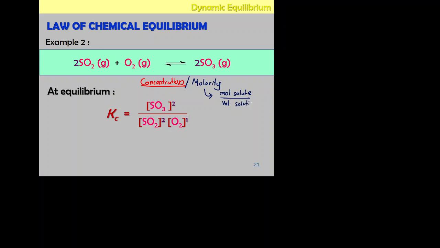So the unit of concentration is mole per liter or mole per dm cubed, or it is capital M, which is molarity. Usually they will ask for the unit. So for the unit of Kc, when you calculate, they will ask for your answer and your unit needs to be stated. If you answer without a unit, there's no point in answering.